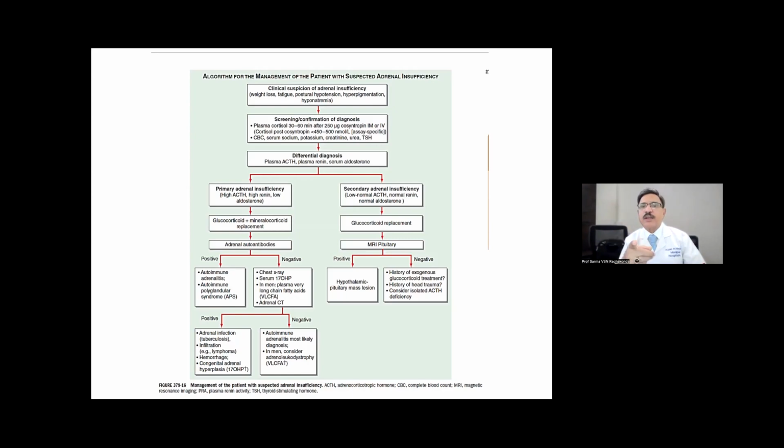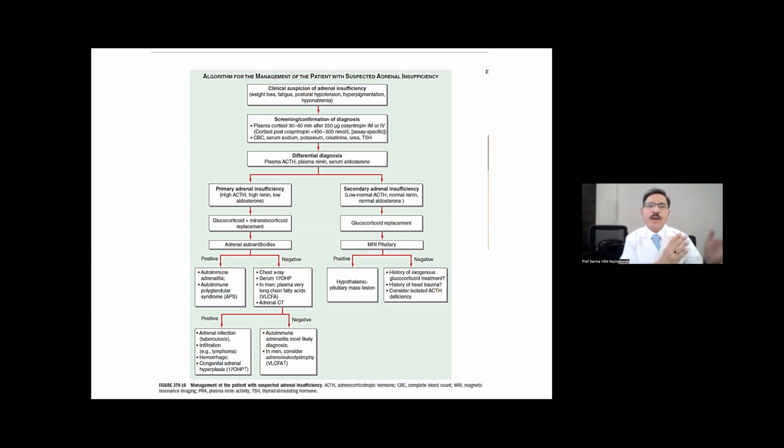So you must be taking steroids, that is why the ACTH is so low. Exogenous steroids are suppressing the ACTH and sudden withdrawal has caused the symptoms. History of head trauma, consider isolated ACTH deficiency, congenital ACTH deficiency, a very rare disorder. Most important among the secondary causes are exogenous glucocorticoids and pituitary disease.